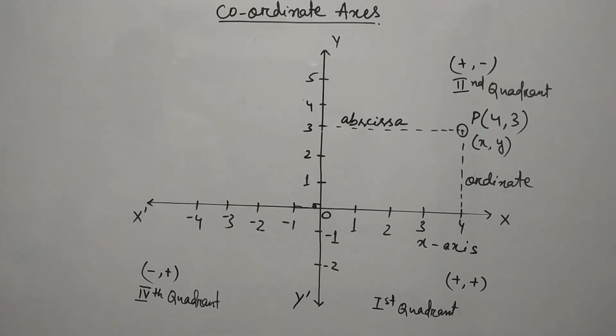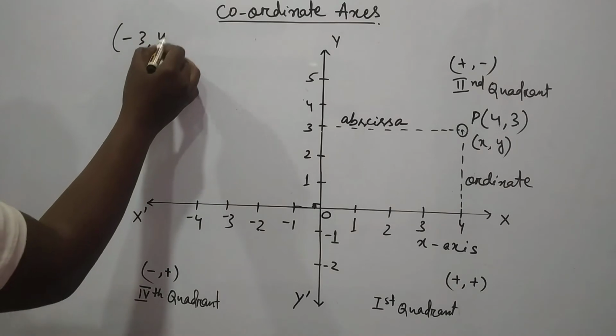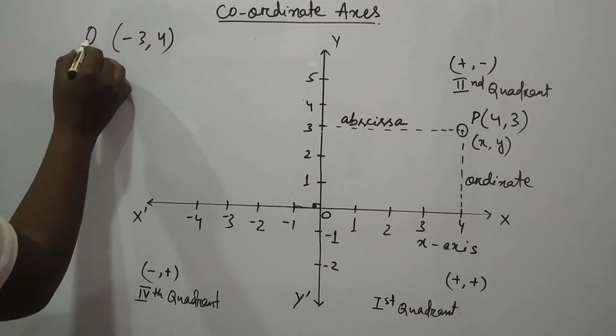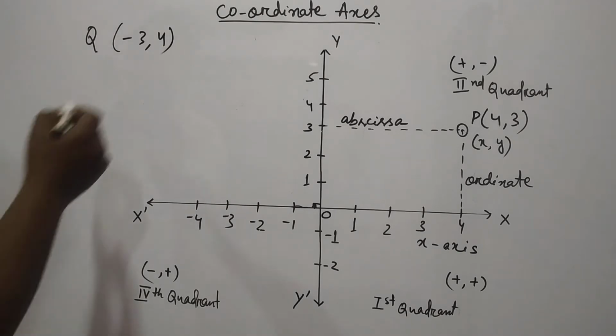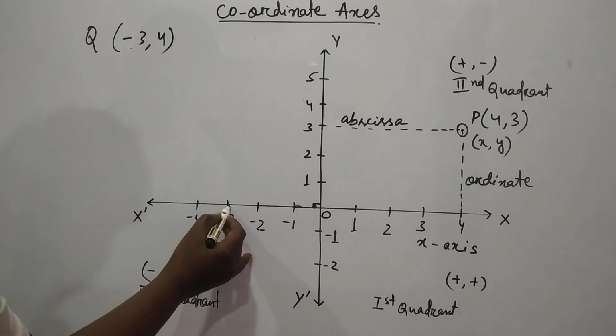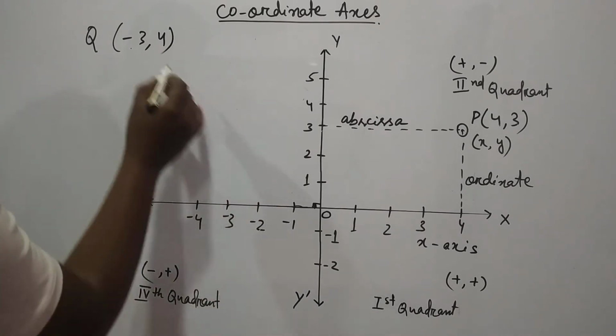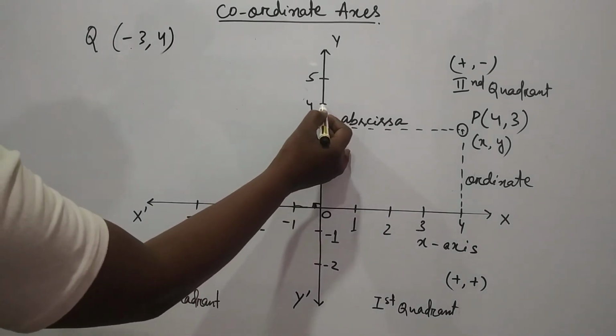And suppose we are asked to locate the point minus 3, 4, and the point name is given as Q. So where is the location of this point Q? The first one, minus 3, is the x coordinate. So this is our minus 3, and 4 is on the y-axis, the y coordinate, positive 4.